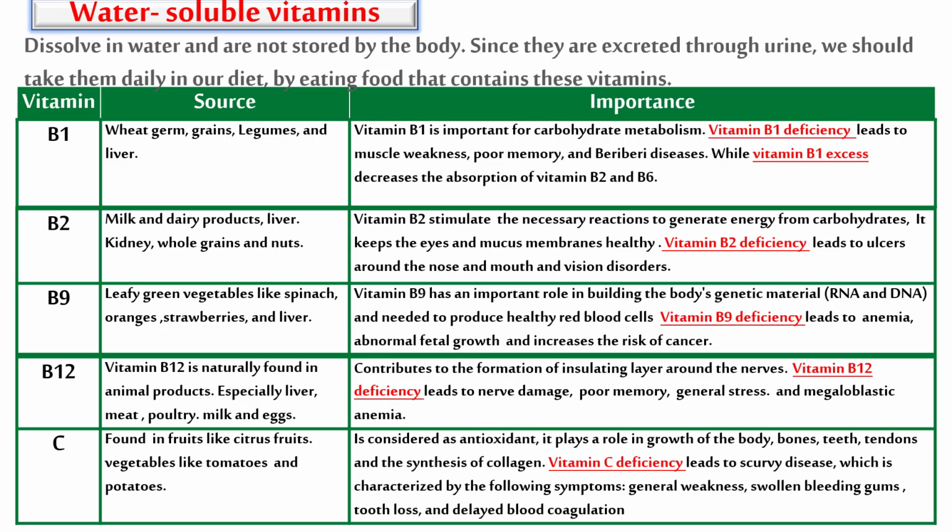Finally, vitamin C, which is found in fruits like citrus fruit, vegetables like tomatoes and potatoes. It's considered as antioxidant and plays a role in growth of the body, bones, and teeth.